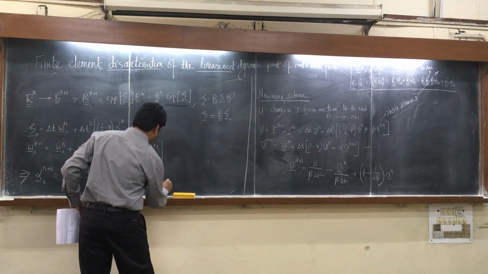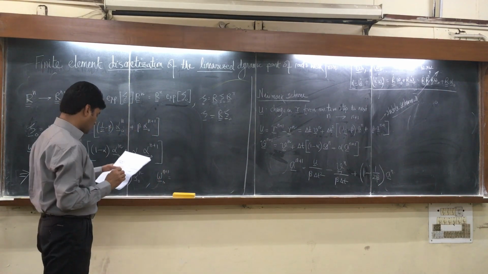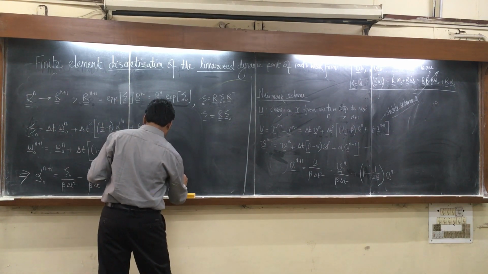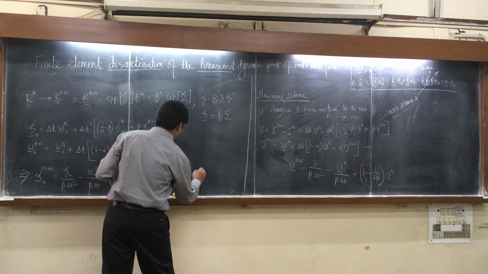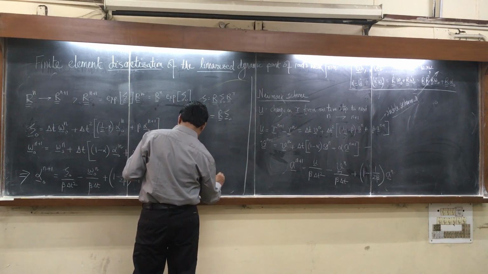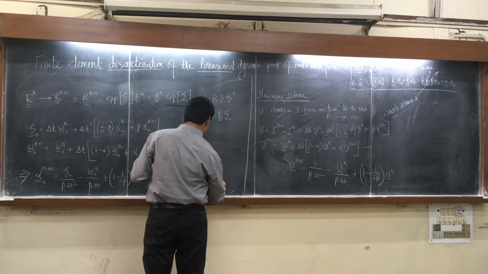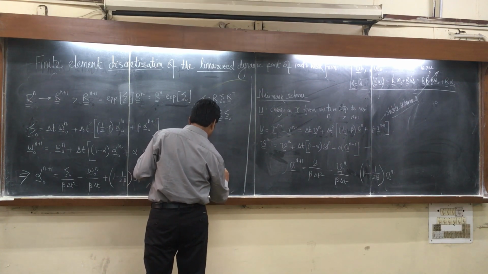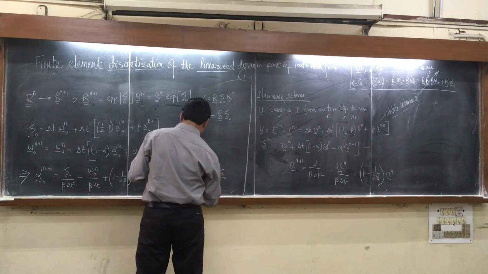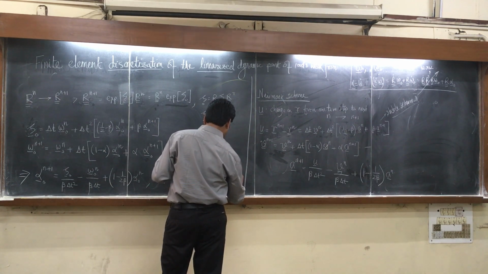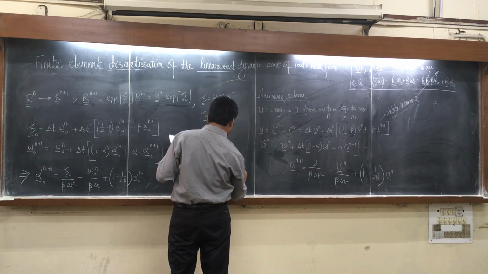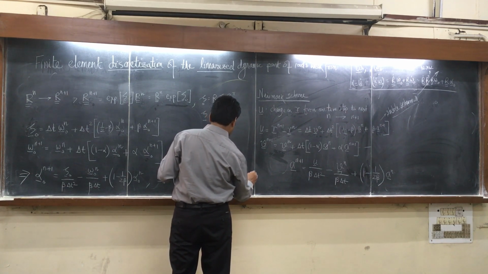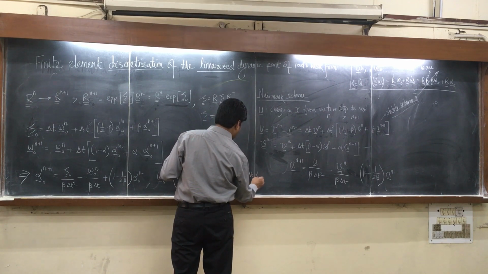So omega naught at n plus 1 is equal to (1 minus alpha over beta) times omega naught at n plus alpha over beta delta t times zeta naught plus (1 minus alpha over 2 beta) times delta t times alpha naught at n.